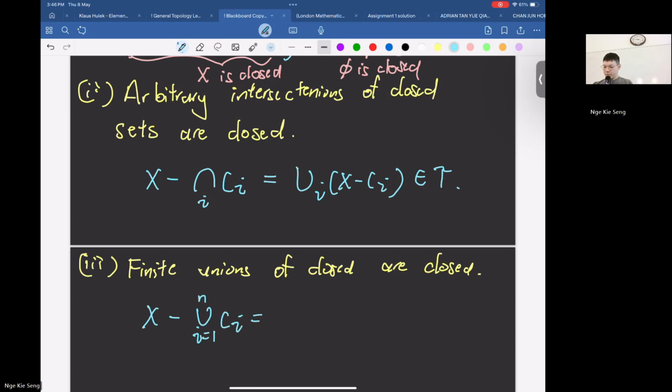What does it become? Intersection of X take away C, which is open. All this argument is just coming from the first week, second week on set theory, how complement reacts with union and intersection. That's why I asked you to prove it in the first week. So now we are using it already.